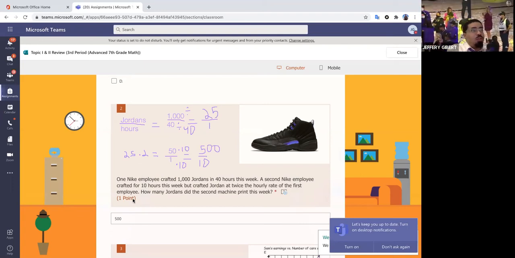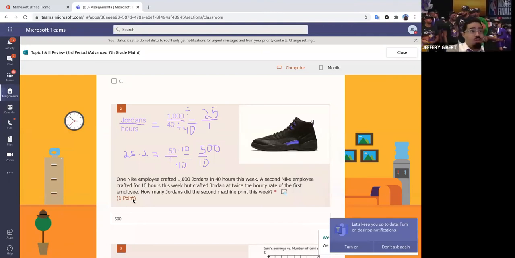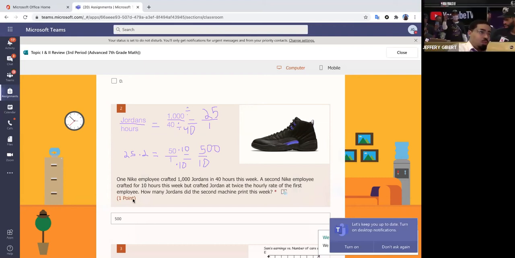But we got to make sure we do the twice. On your test, whatever they tell you, if they say twice, when you get the hourly rate, you multiply it by 2. That's a good thing we did this review first, so that we don't make that mistake on the test.